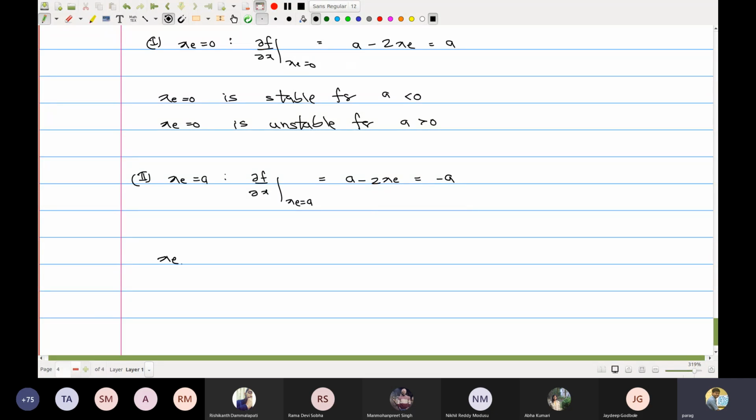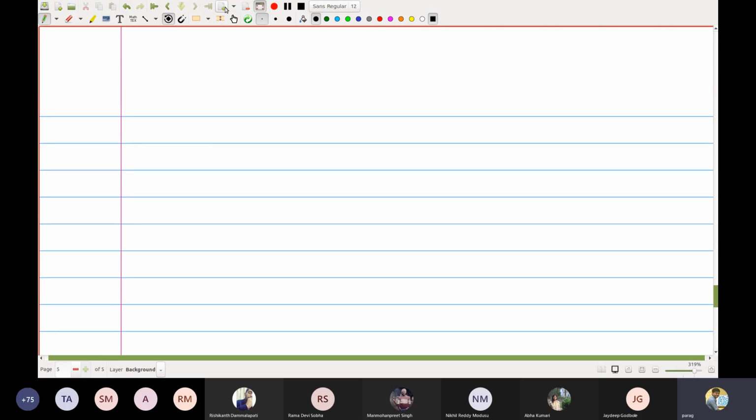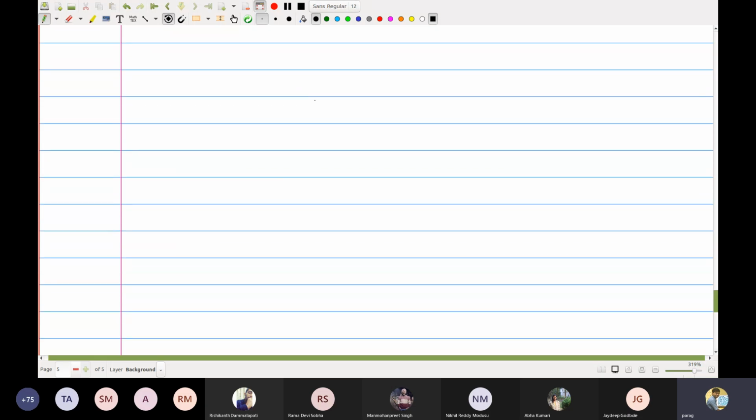So xe is equal to a is stable for, now it would be opposite, a greater than 0, and xe is equal to a is unstable for a less than 0. Fine. So now this puts us in a position to develop the bifurcation diagram, and you will see that this bifurcation diagram is absolutely different from every single bifurcation diagram that you drew today.